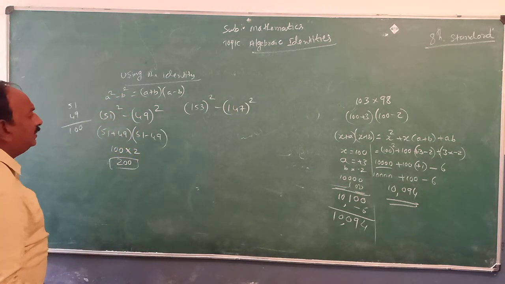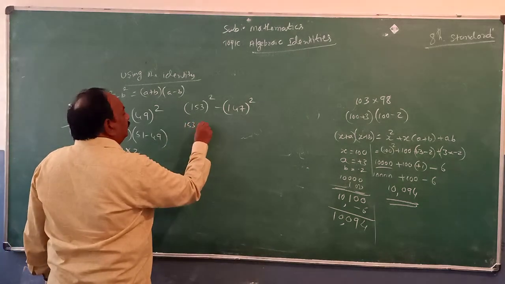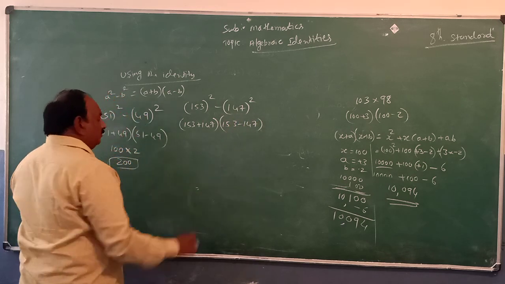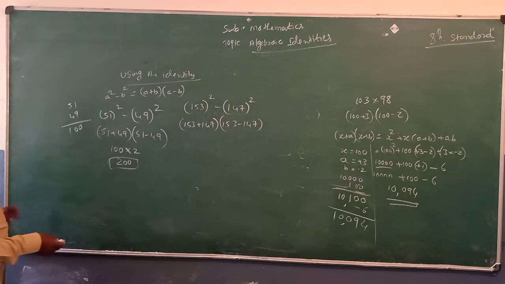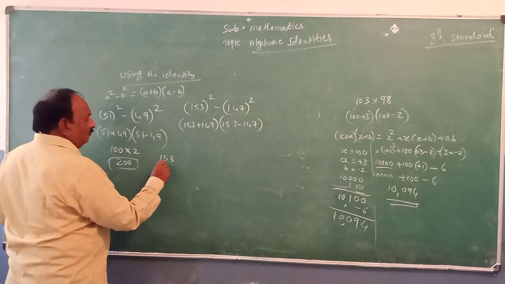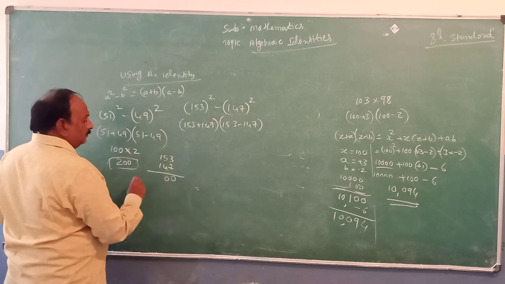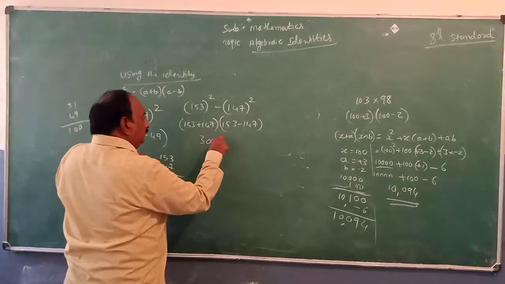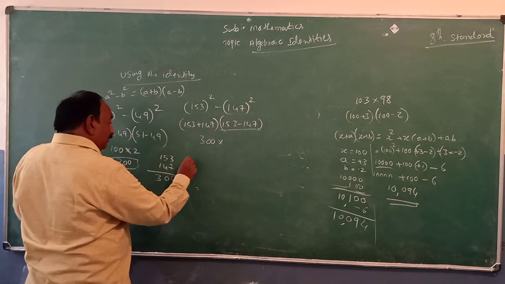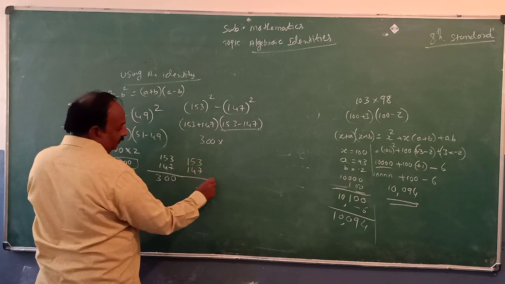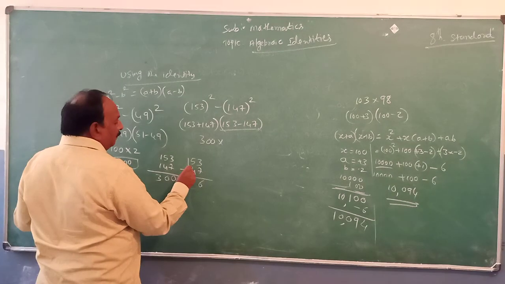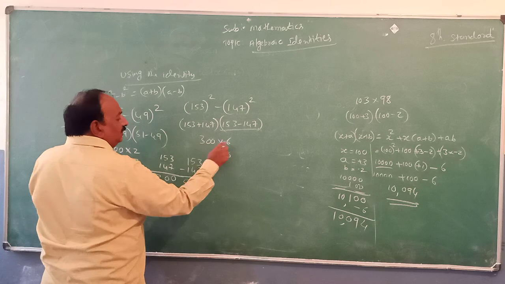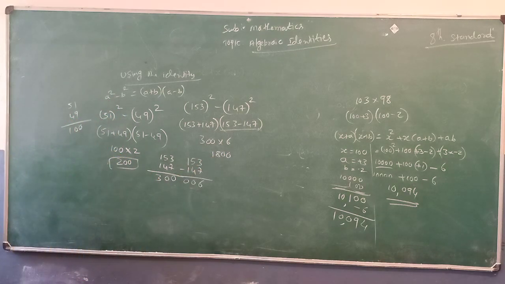This is a square minus b square, which is a plus b into a minus b. 153 plus 147 is 300, into 153 minus 147, which is 6. 3 sixes are 18, then 00, so 1800.